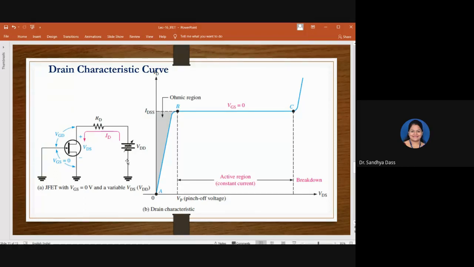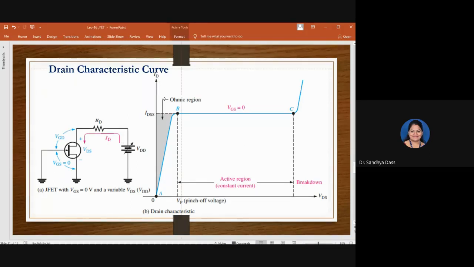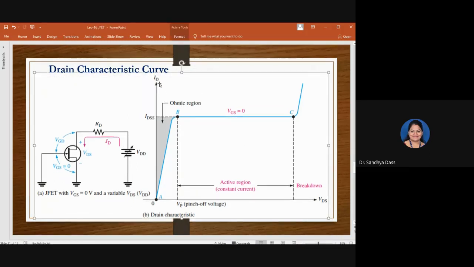When you are applying VDD, that is the voltage applied across drain and source, VDS, via the drain resistance, as you go on varying it, in the x-axis you see VDS, and in the y-axis you are plotting ID, the drain current.